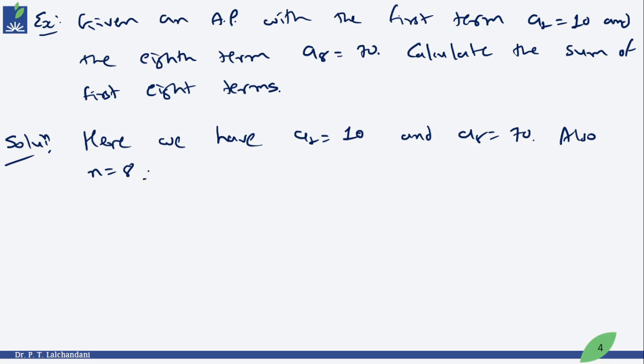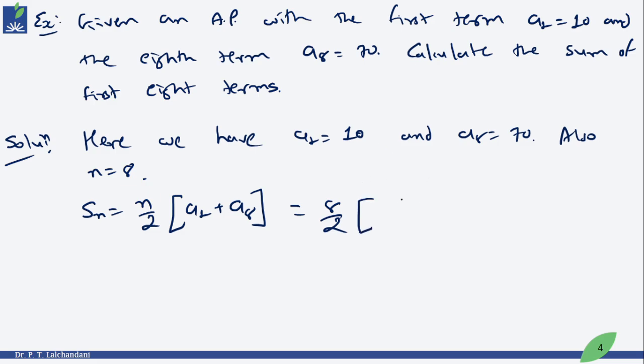Let us see how to find the sum of first n terms. Sn is equal to n by 2 times first term plus last term, or eighth term. Let's put the values. n is equal to 8, so 8 by 2, a1 is 10, plus 70.